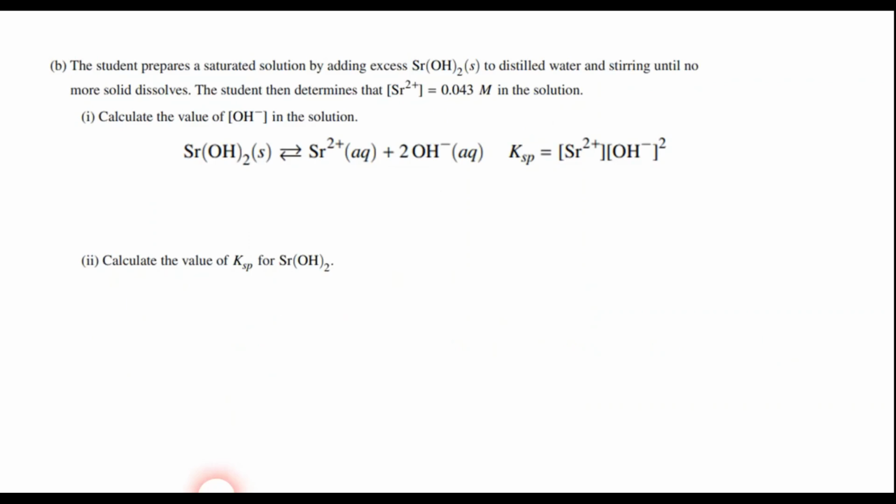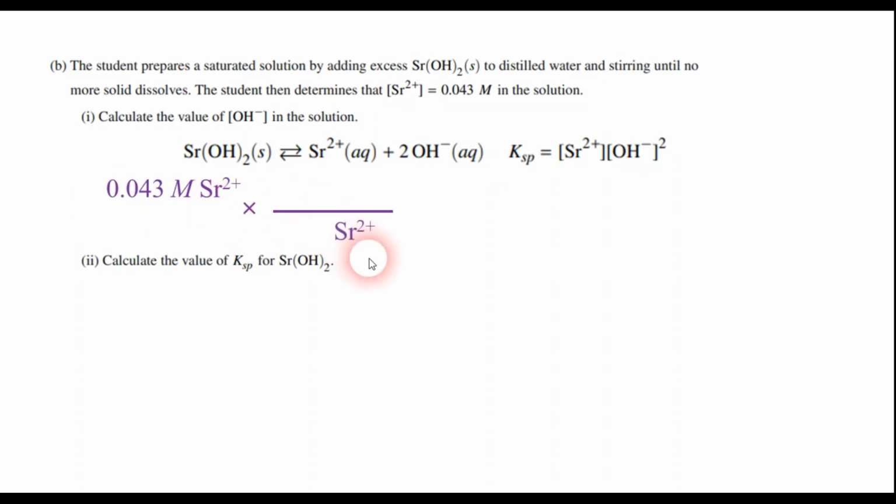On part B, 1 here, we have a saturated solution. And it says that in the solution, the student determines that the strontium ion has a concentration of 0.043 moles per liter. And the question says calculate the value of hydroxide. So this is just a simple stoichiometry. We have 0.043 molar strontium, and we can just set up a mole ratio.